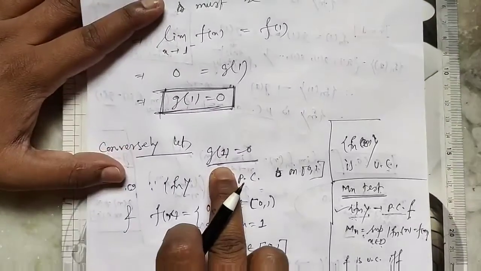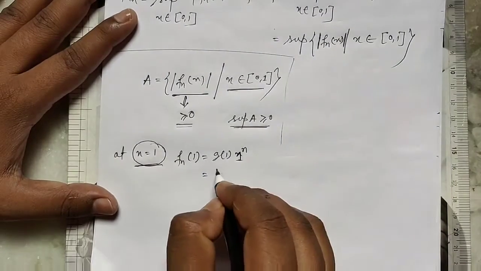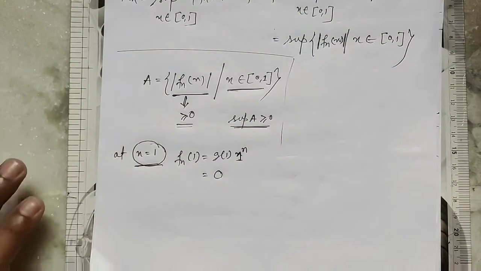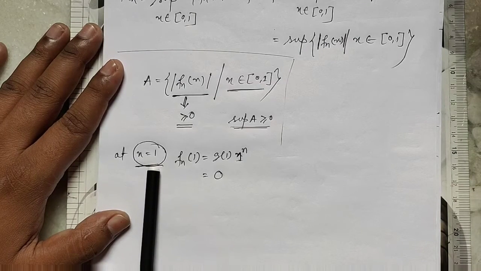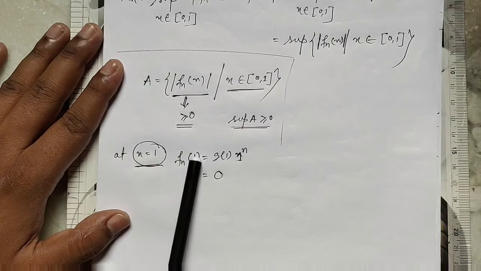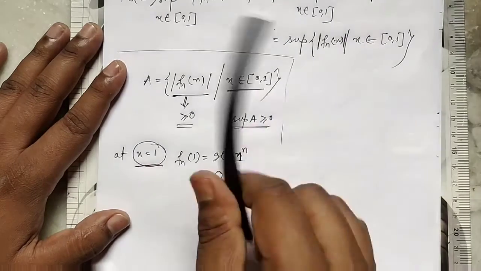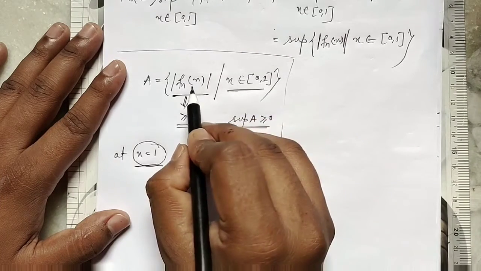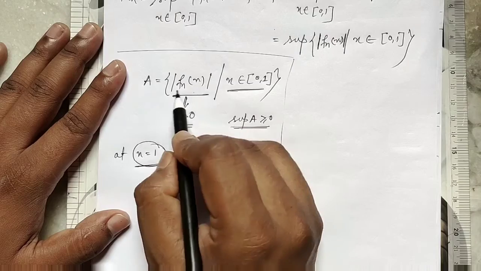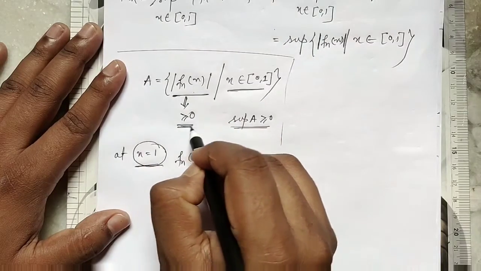Here in this case g of 1 equal to 0, so that is 0 into 1, that is 0. So at x equal to 1, fn 1 is 0, and every term of this set is non-negative.